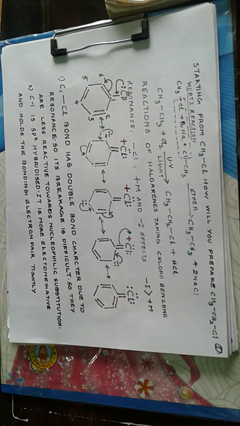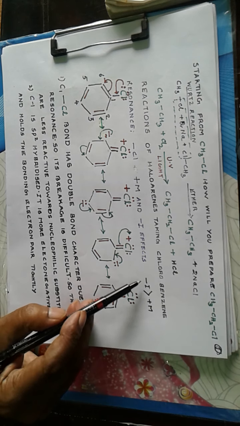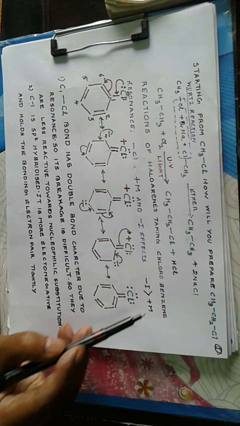This has a larger size because the p orbital belongs to the third shell, and there the electron density is slightly less, so the mesomeric effect is not so effective. Again, due to its electronegativity, chlorine shows minus I effect, and hence we say the magnitude of the I effect is greater than the plus M effect of chlorine.